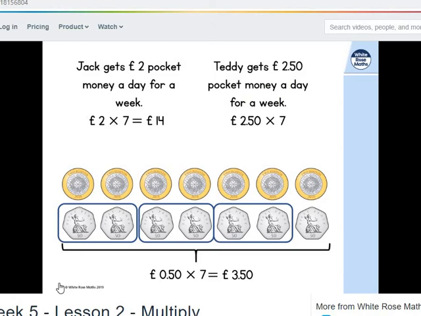So 0.50 times by 7 is 3.50. If we add that together with the £14 that Jack got, we would get £17.50. So what we did there is we thought about taking our £2.50 times by 7, doing 2 times 7, and then 0.5 times by 7.